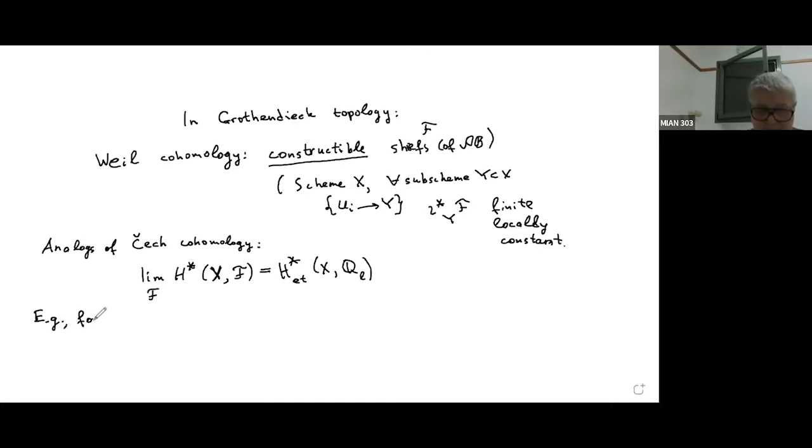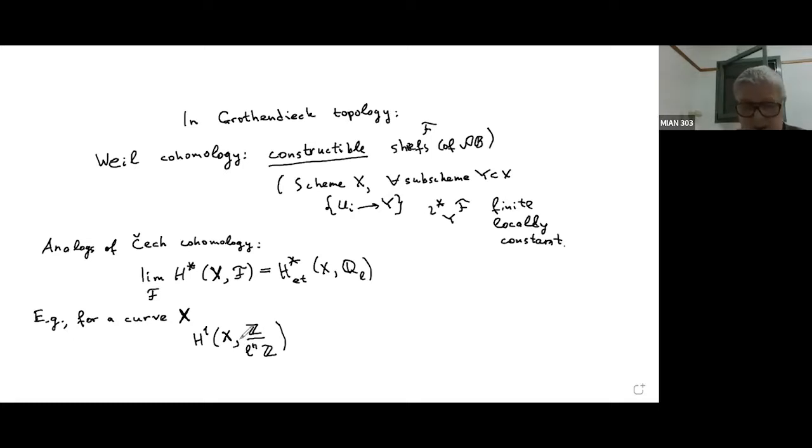For example, for a curve X, which satisfies Weil's original intention, we are interested in the first cohomology, and we define it with coefficients in Z/nZ. This is the constructible sheaf.